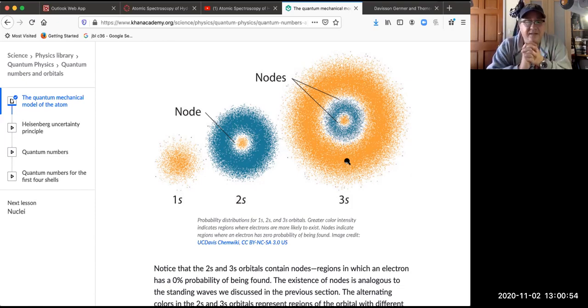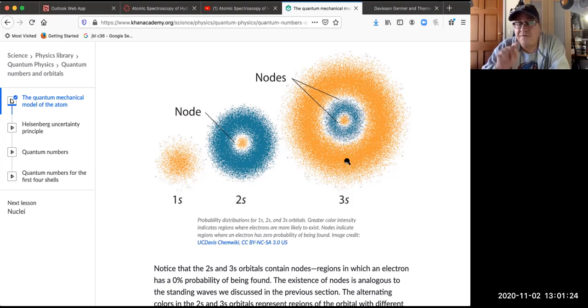And the idea here is when we talk about the Heisenberg uncertainty principle, basically what's built into this model is that if you know the energy of the electron precisely, you don't know where it is. But if you know where it is, you don't know its energy. So you can't simultaneously know the location of the electron and its energy with certainty.